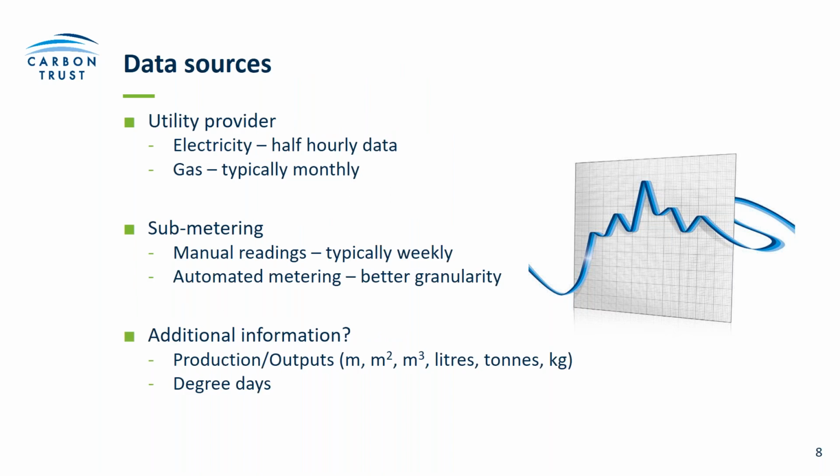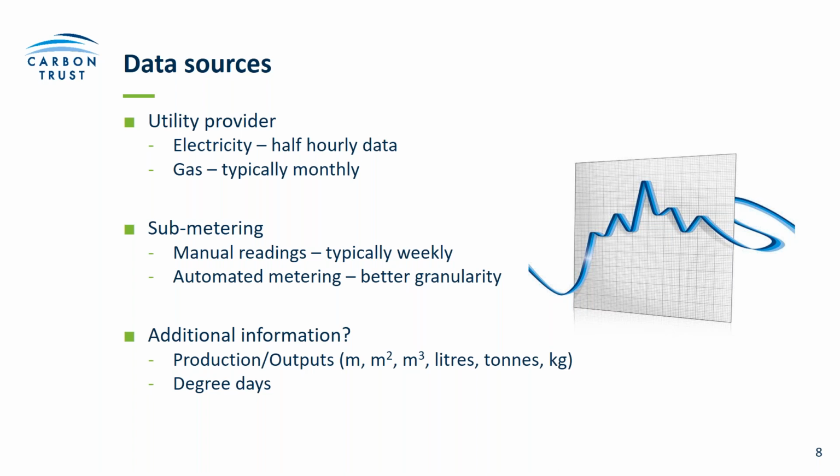In terms of where you can get that kind of granularity of information, well, obviously your utility provider, as long as you have a half hourly meter, they can provide that for you. You can typically ask for it on a monthly basis, and it comes as a little Excel file that you can then analyze. Gas is slightly different.